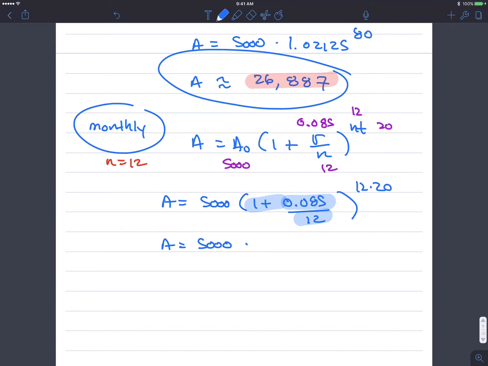Let me double check. 0.085 divided by 12 plus 1. And then you get 1.007083 approximately. What's 12 times 20? 240. Let's put a 240 power. Okay. Let's see what we get monthly.